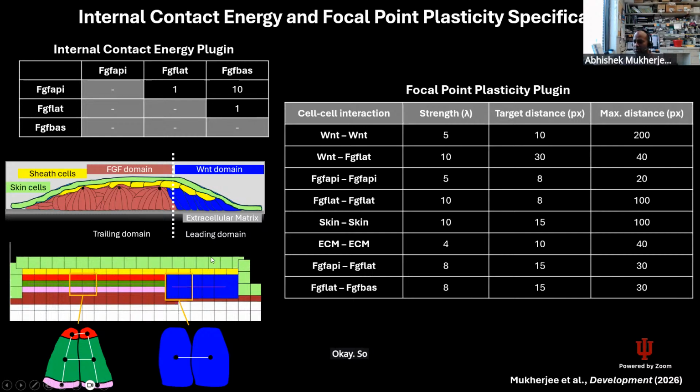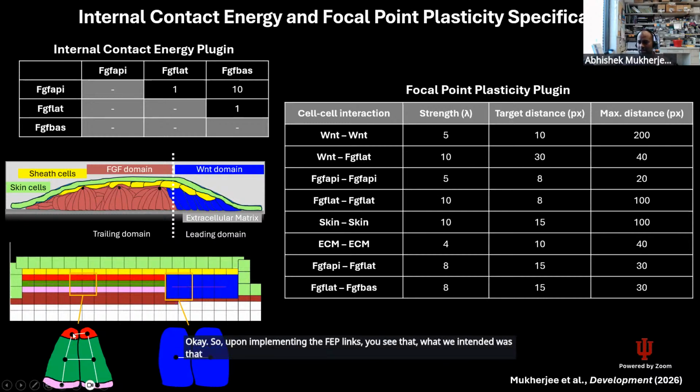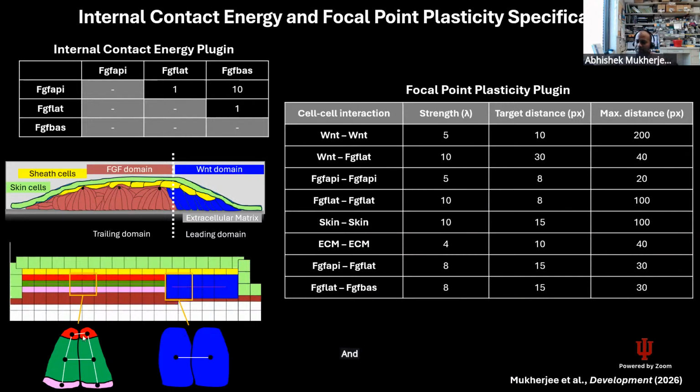So upon implementing the FPP links, what we intended was that the apical domains would constrict more than the lateral domains, and that these cells would also retain their structural integrity while migrating.